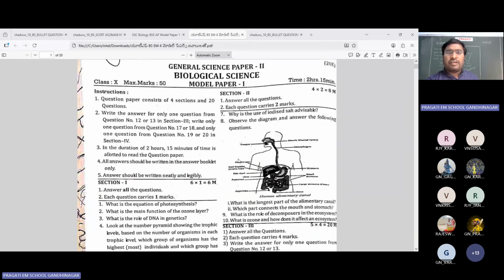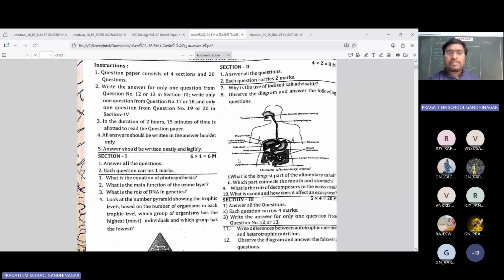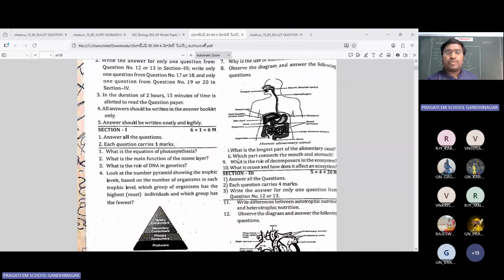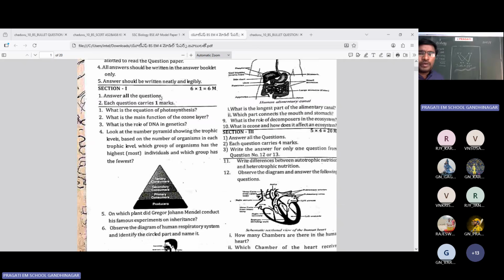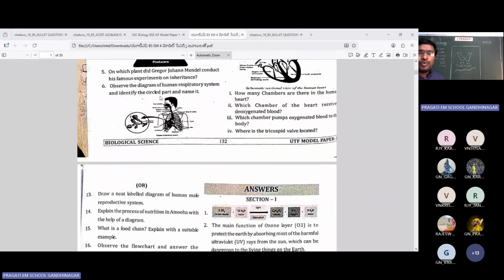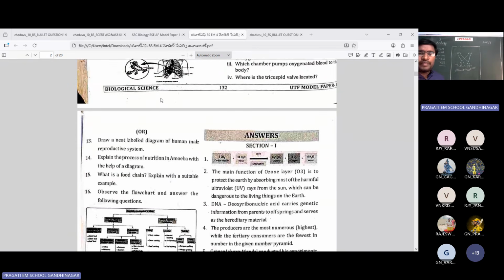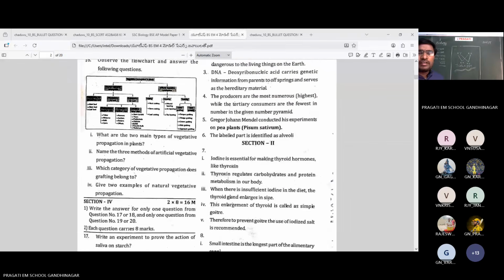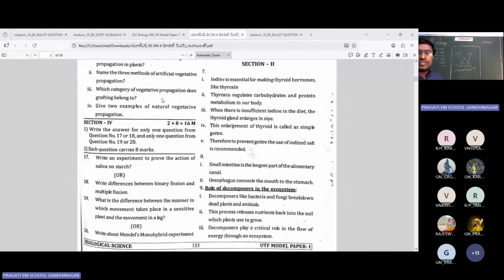So UTF given 4 important papers. Please go through these papers, 1 mark, 2 marks, and 4 marks and 8 mark questions. So these are also helpful for your exam, especially 1 mark and 2 marks, children. See, these are the questions.